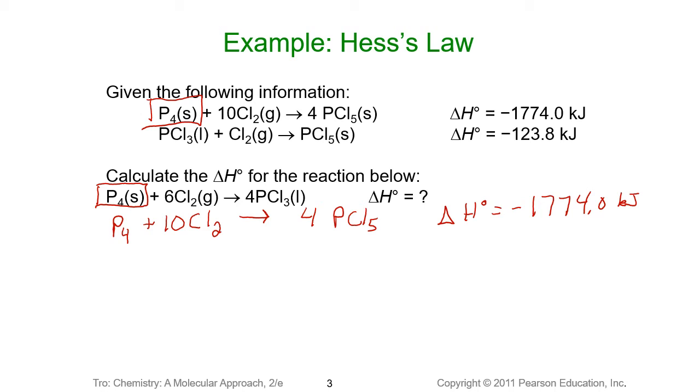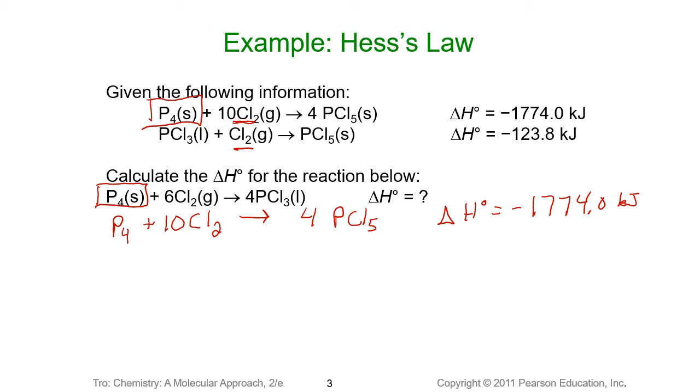Now, when we go to the second reaction we're trying to make using the second reaction, chlorine would not be a good compound to choose because it is found in both chemical reactions, which makes it a little harder to identify what needs to be changed.